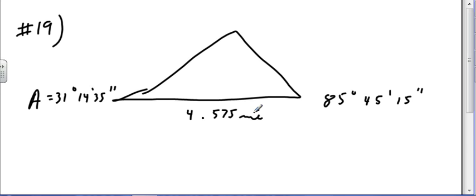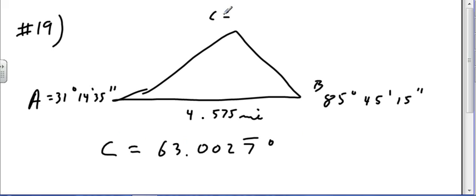And then say minus 85, math, degrees, minutes, and seconds, 45, 15. Now there's other ways to do it, but why not let your calculator tell you the answer? So C, this is the B guy. So C is going to be 63.0027 repeating degrees, and of course we want that to be in degrees, minutes, seconds.